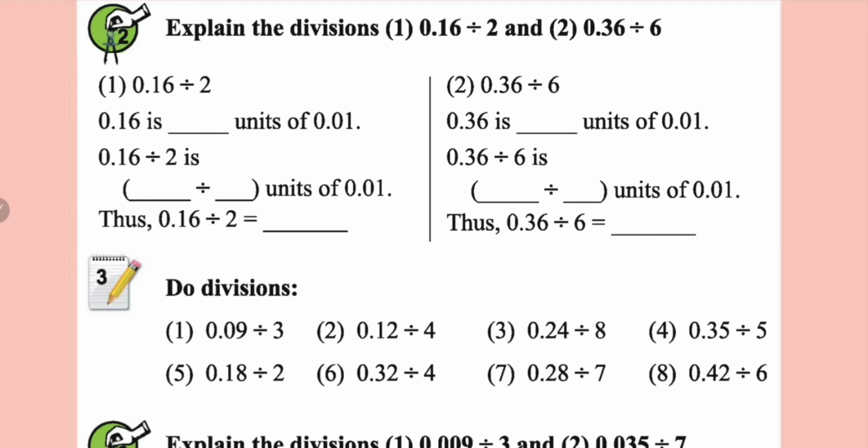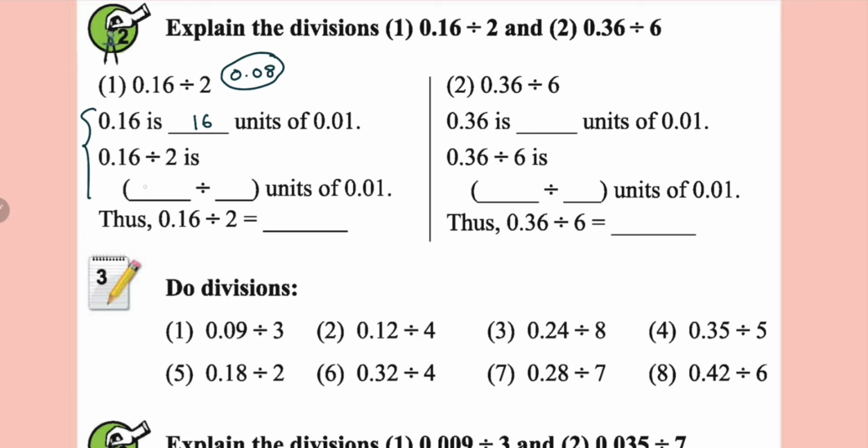Now let's see when you have two decimal places. 0.16 by 2. 16 by 2 is 8. Since you have two decimal places, you must also have two decimal places in the answer. In the question you have two decimal places, right? In the other way, 0.16 is 16 units of 0.01.